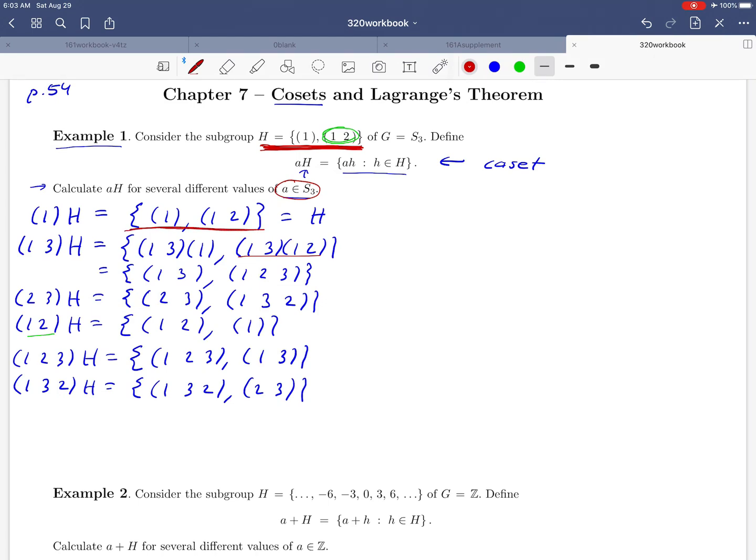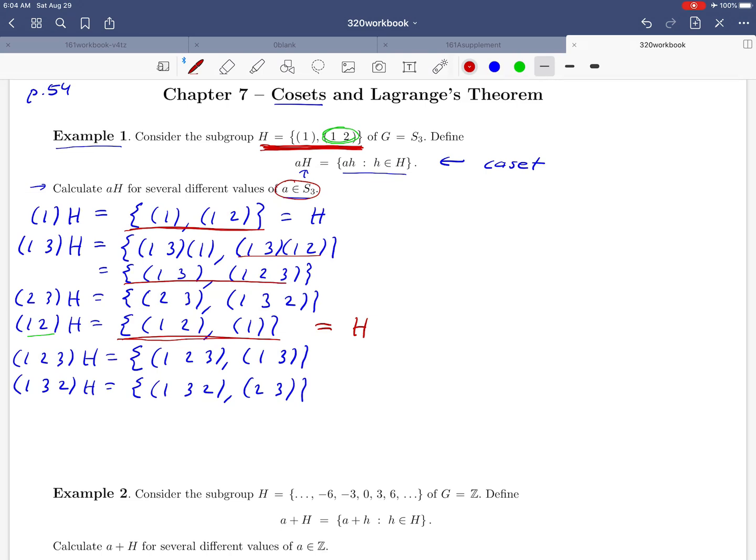The set that contains the identity permutation and the cycle (1 2) appeared down here. The elements are in a different order, but as sets, they're equal to each other. So this coset that we got by taking (1 2) times H is actually equal to just the subgroup H.